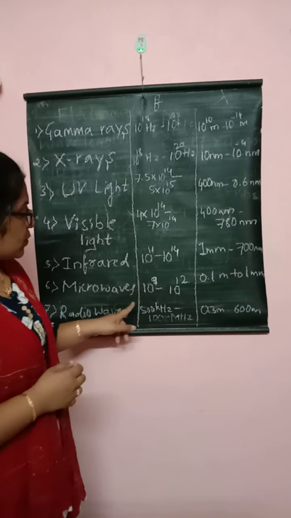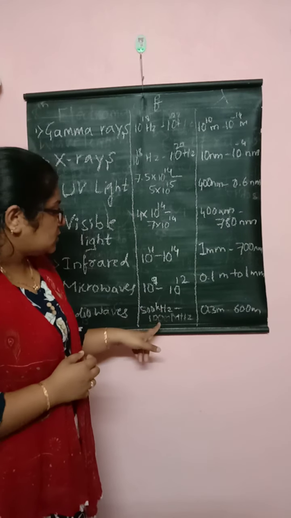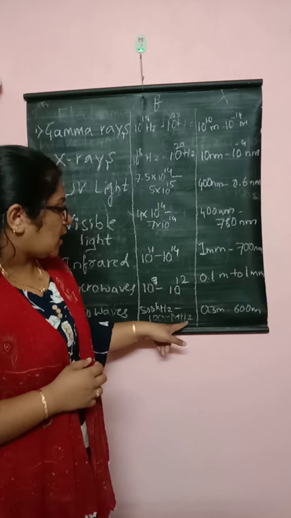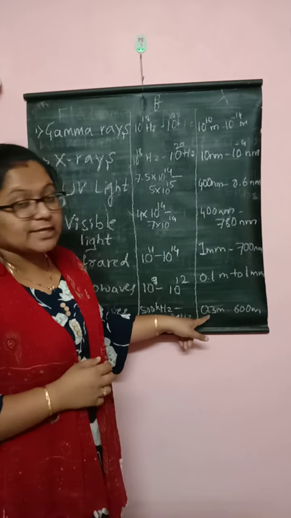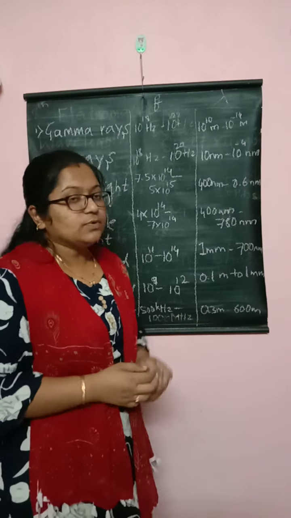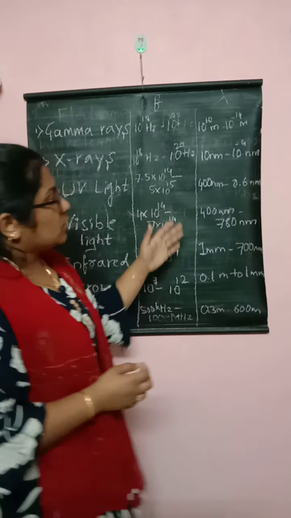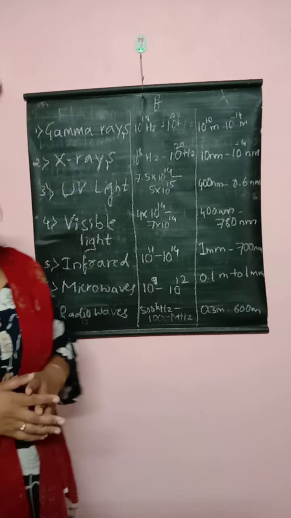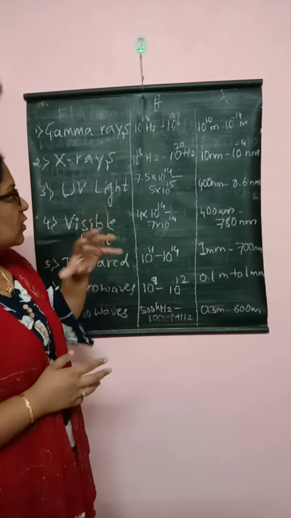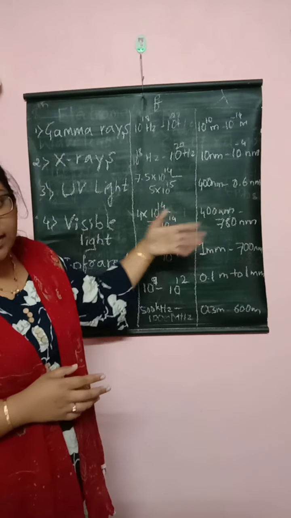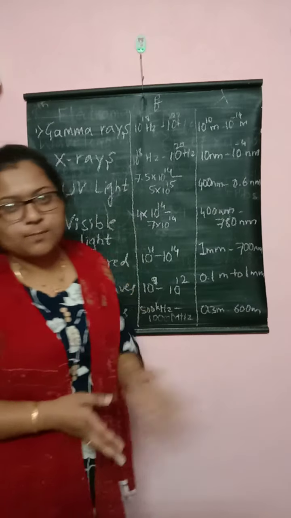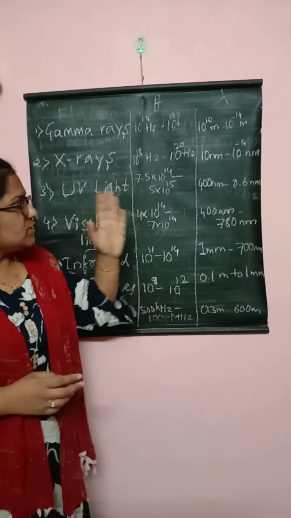Radio waves have a frequency 500 kilohertz to 1000 megahertz, and the highest wavelength is 0.3 meter to 600 meter. Note all those things in your book. You might not be seeing it properly, that's why I told it. Okay. So as you can see here.